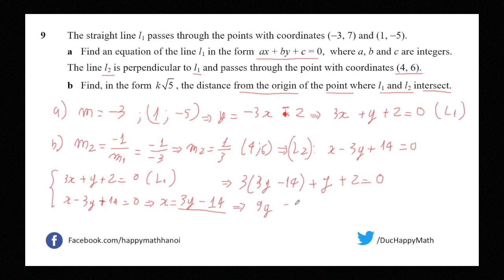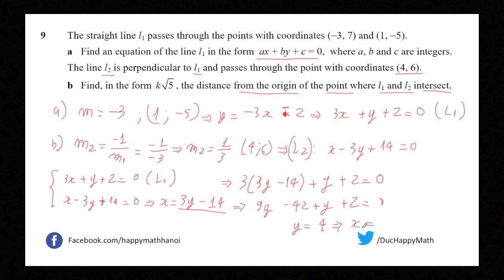So 9y minus 42 plus y plus 2 equal to 0. So y will be equal to 4, and after that you get the x value.